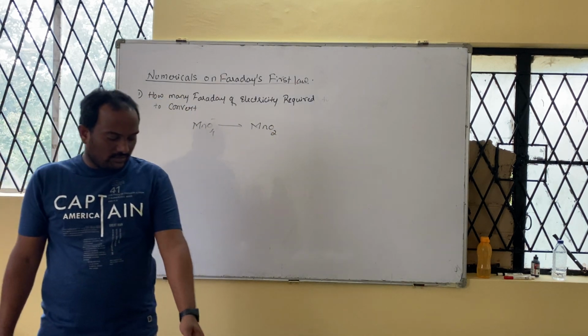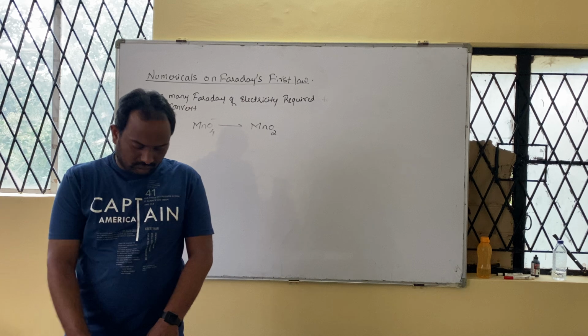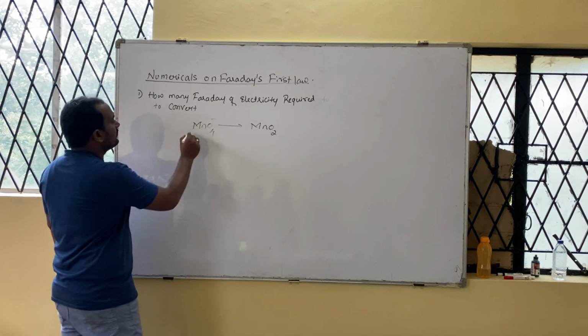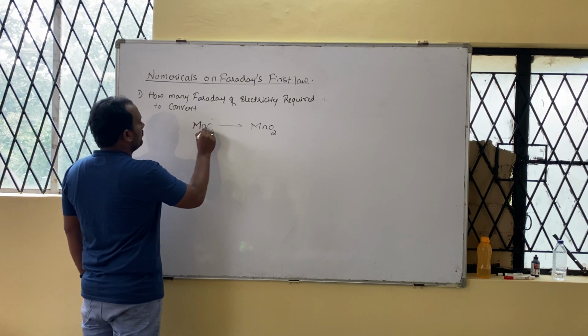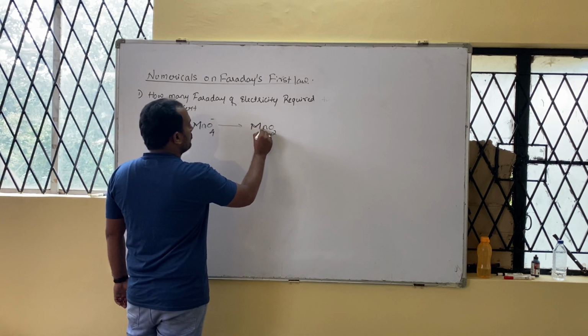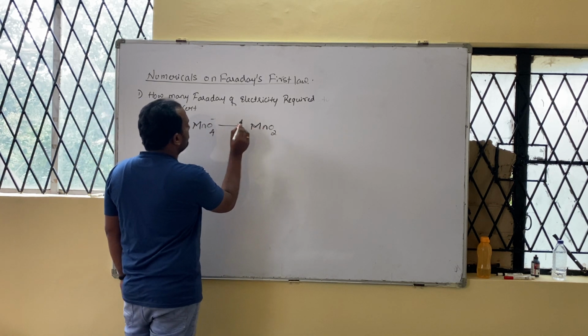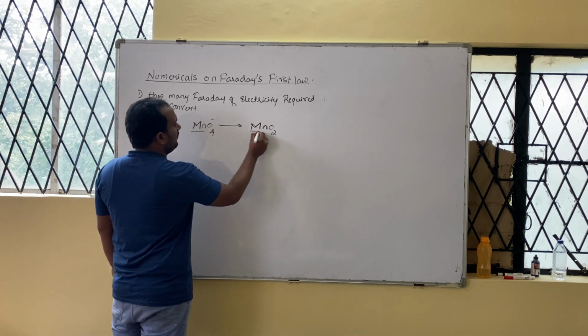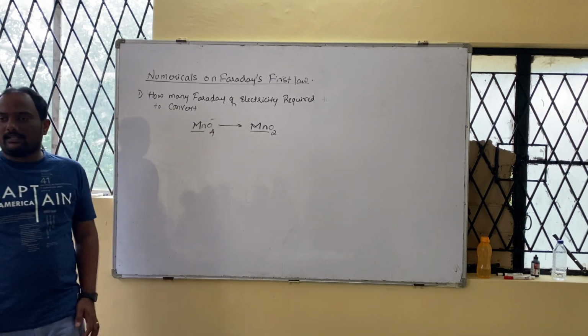Now see, the electron is not given. MnO4 minus to MnO2. So which oxidation number do you have to calculate here? Underline Mn. These two you have to calculate.